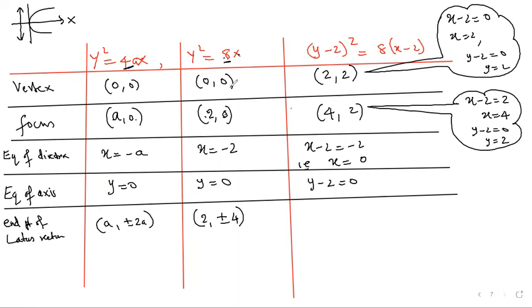Focus का double, जो 0 की जगह पे उसका double होगा. That means x minus 2 is 2, and y minus 2 is plus or minus 4. That means x coordinate is 4, y coordinate is either 6 or minus 2.